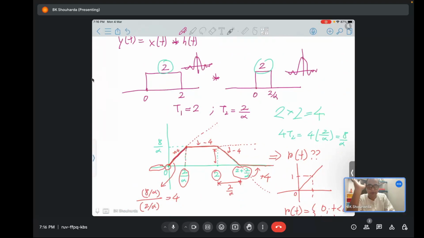You can simply take this sinc(t/t1) and this sinc(t/t2) and some other constant terms, and you multiply them. It should be sinc(omega t1) times sinc(omega t2). So it will be a product of two sincs. That's it. Very simple.